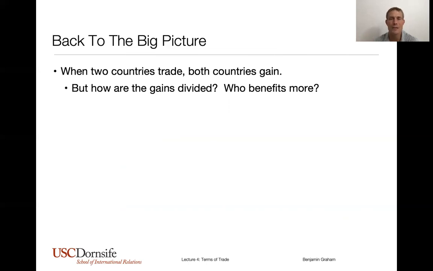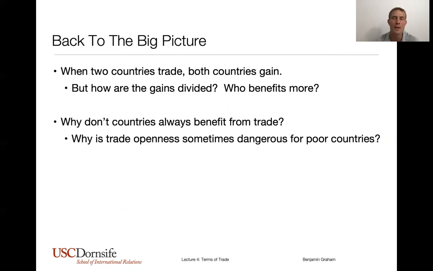But how are those gains from trade divided? Who benefits more? And also closely related, why is it that countries don't always benefit from trade? If you take a straight econ class and look at nice toy models, it looks like everybody should always be better off. But in practice, that has not always worked out, right?